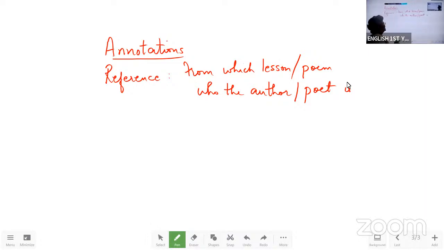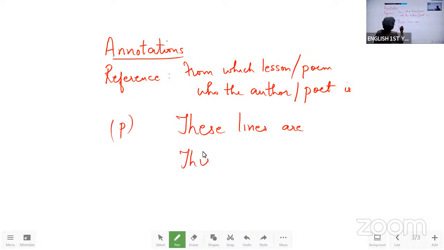And the other thing that you need to remember is this is a common mistake made by the children. These lines are. Here it is the plural that you have taken, and either that or this line is. But you combine both and write these lines is, or this lines are.